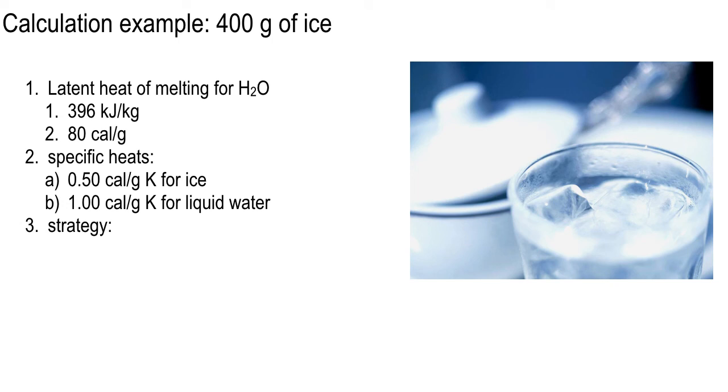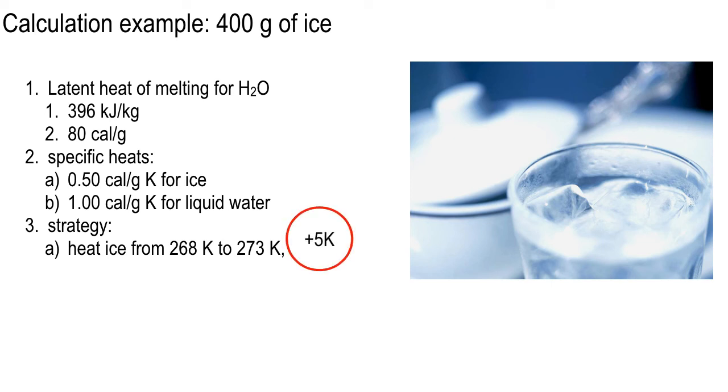All right, so let's look at our strategy. Strategy number 1: we're going to heat the ice from initial temperature 268 up to 273. That's heating it up by 5 kelvins, so that's a delta T, but there's another delta T after we melt it. We're going to melt all of it at 273.